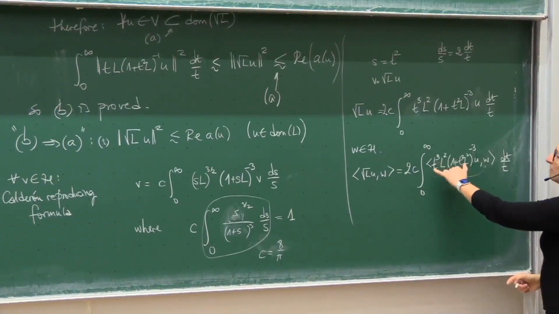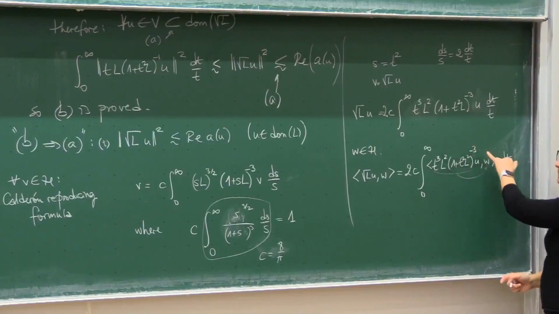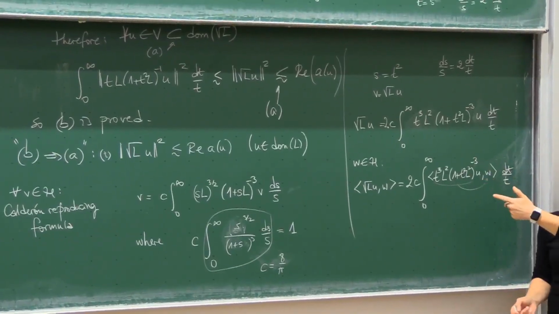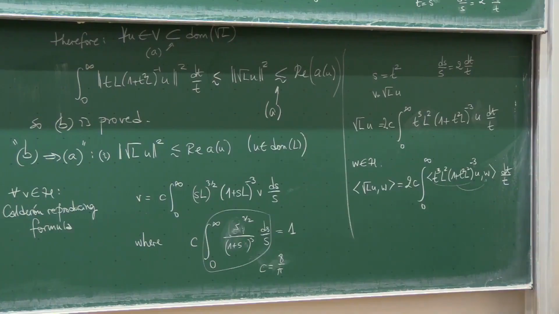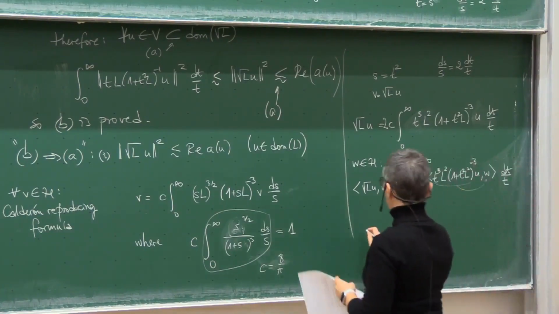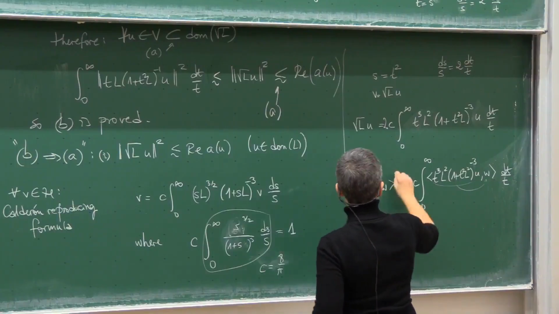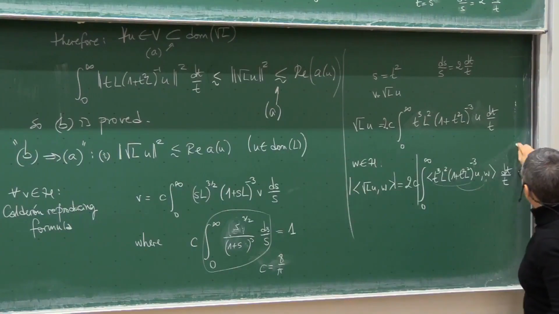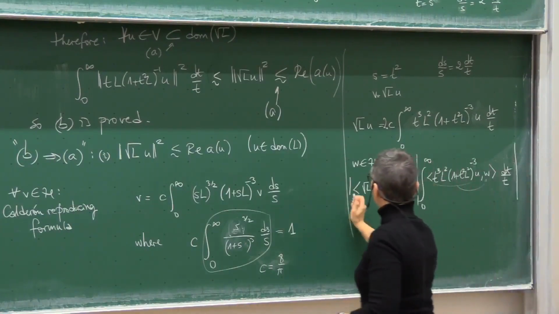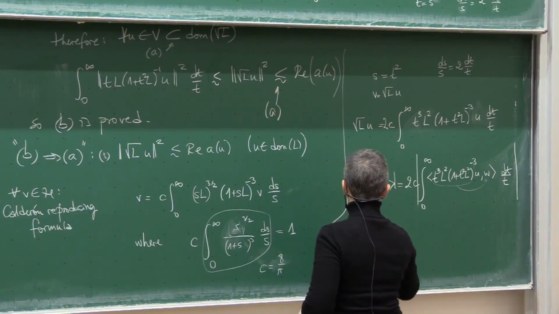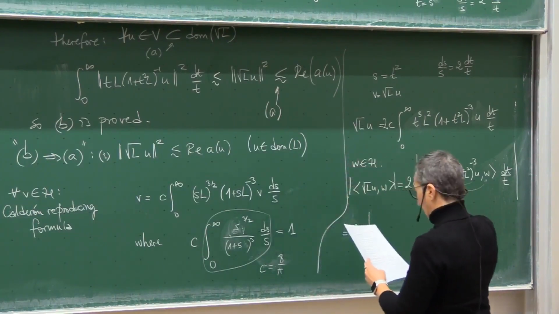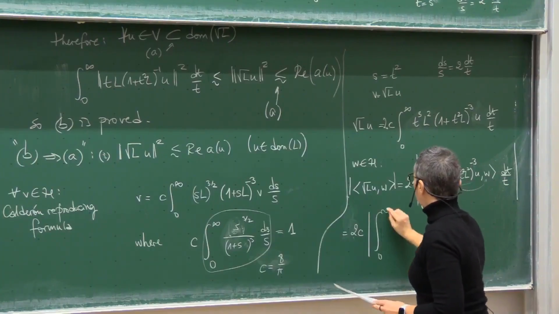So I take some of this one, put it on the other side so that I will get the adjoint of L. To split it in a correct way, I take here the absolute value. So this is 2c times the integral from 0 to infinity.